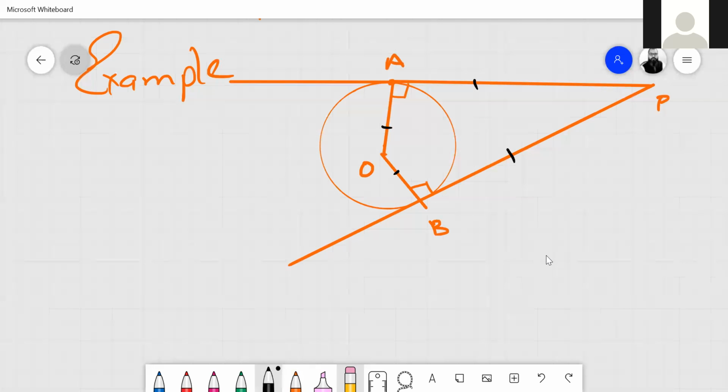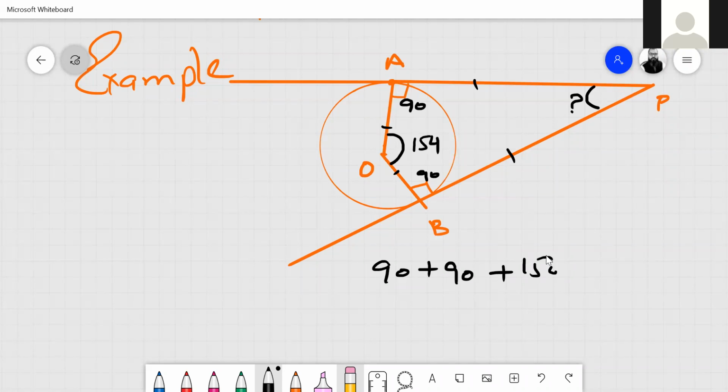Now, angle P is 360 minus 90 plus 90 plus 154. Angle P we need, this angle we want to find. This 154 is given in the book, you can see it in the diagram. This is 90, we know that with the rule. This is 90. So now the other angle we can find out easily. 90 plus 90 plus 154 plus P equals 360.